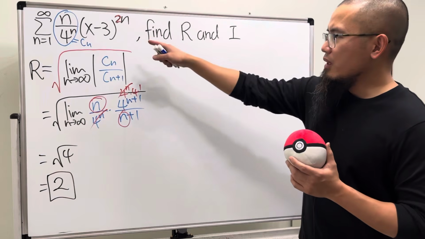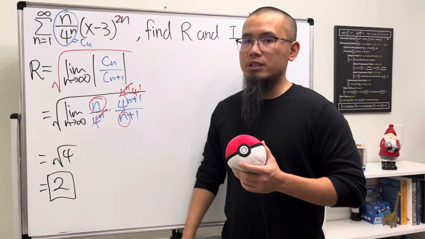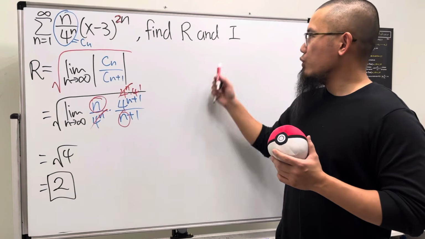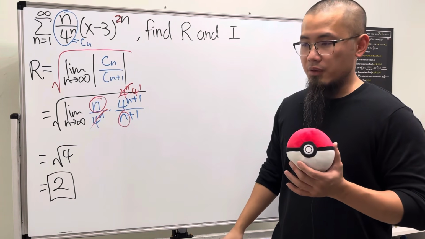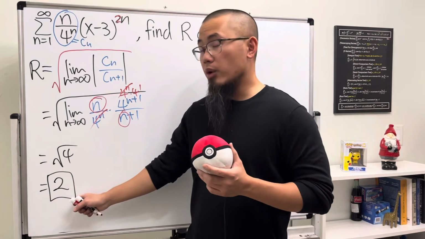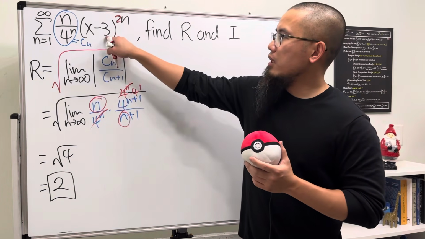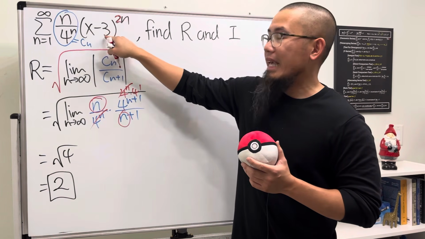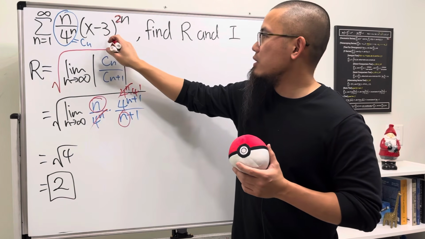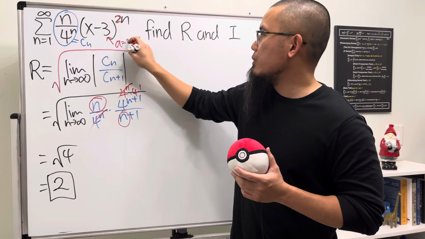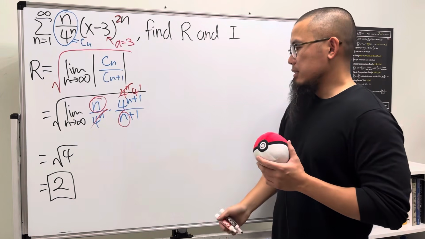Now, take a look right here. This is the power series. In order to find out the interval of convergence, not only do we need to know the radius of convergence, but also the center. Here is the center. We have x minus a. A is 3, so a is equal to 3. This means the following.